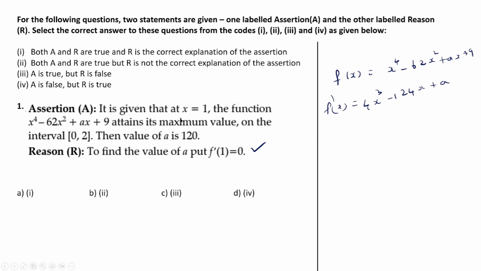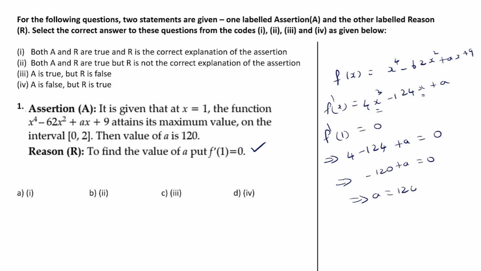Here it is already given the maximum value is attained at x equal to 1. So we have f dash of 1 equal to 0, which implies, in place of x we put 1: 4 minus 124 plus a equal to 0, or minus 120 plus a equal to 0, so a is 120.